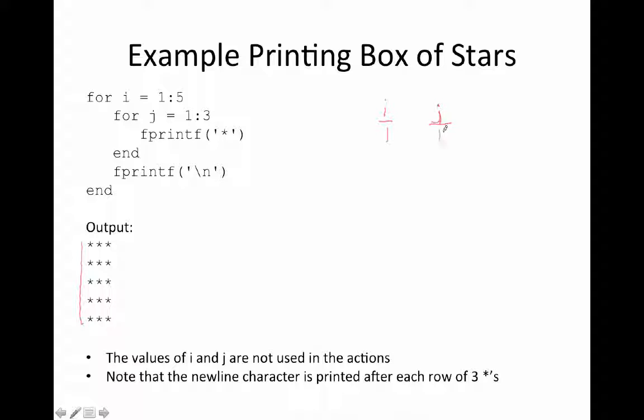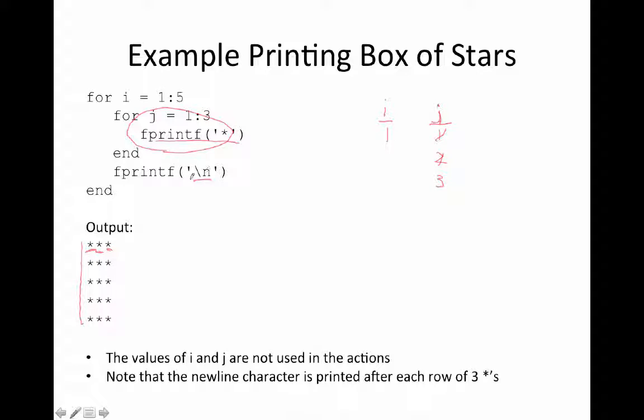J starts out at 1, and the action is to print a single star, so we print a single star. Then J gets the value 2, and once again we print a single star. Then J gets the value 3, and once again we print a single star. So now the inner loop, J has gone through all of its values, 1, 2, 3, and each time the action was to print a single star.